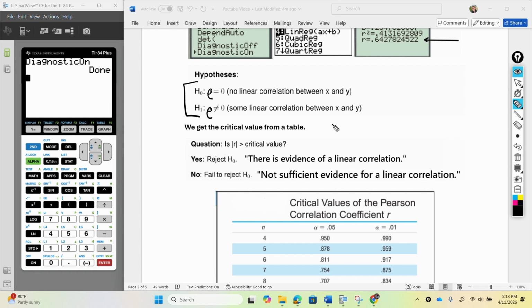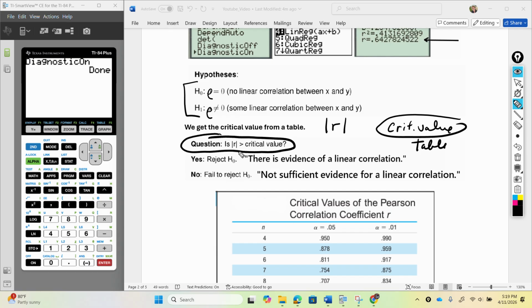You're going to find R from the calculator, take its absolute value, and compare it to the critical value. You will get the critical value from a table, and different textbooks have different ways that they present the data. So here's the test.